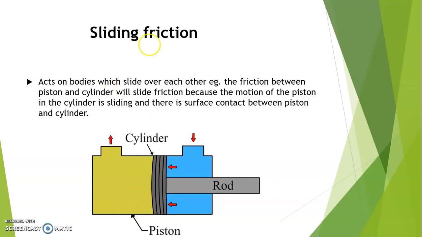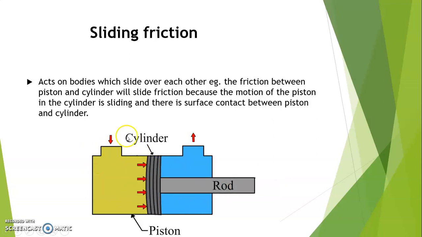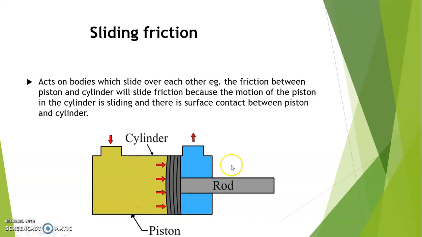You can visualize this as a double acting cylinder in which the rod moves in two directions depending on the direction of the fluid coming into the cylinder. So this is sliding friction, as the rod is sliding over the cylinder.